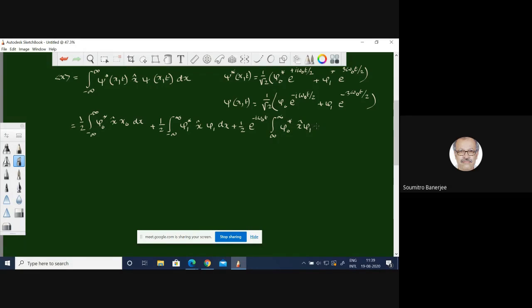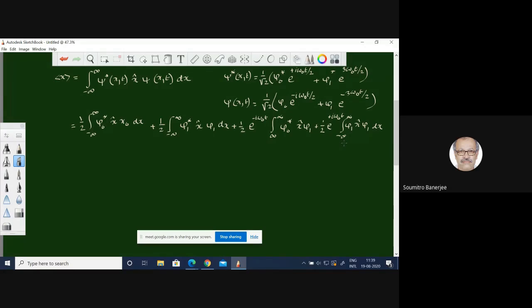And it is the same thing, plus e to the power, this time plus i omega naught t, integrated to infinity, psi 1 x psi 1. You see, there are 4 terms.